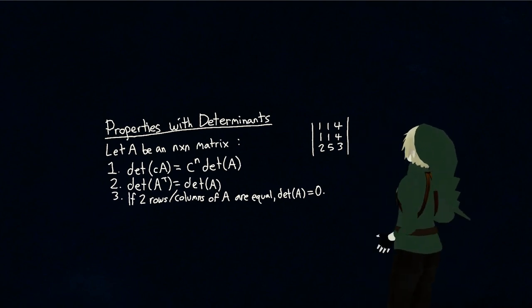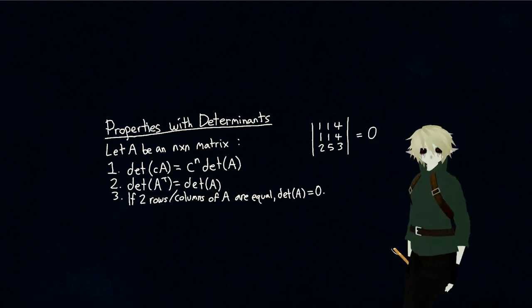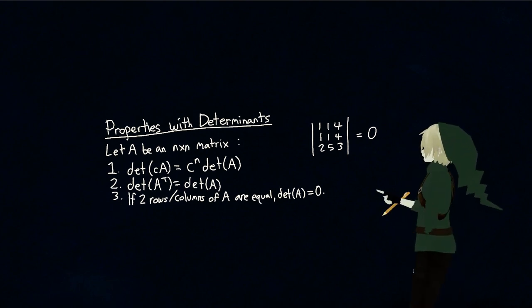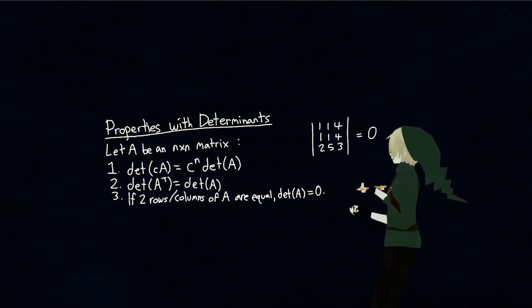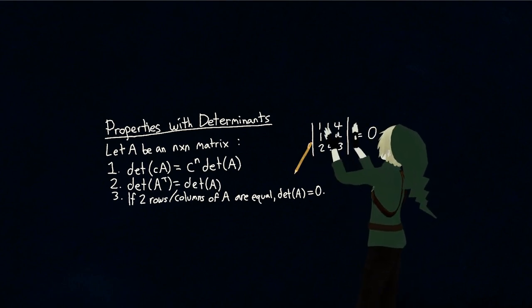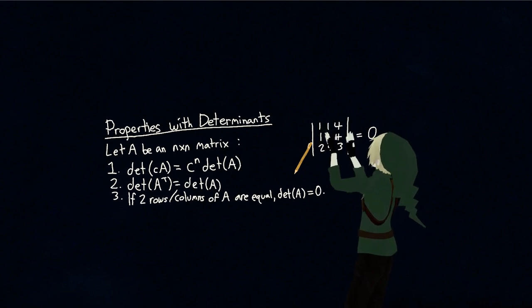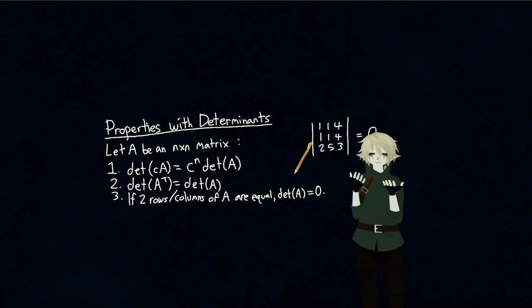The determinant of this matrix is equal to 0. Okay, that's it. Simple, right? It's equal to 0 because we have two rows that are the same. And the reason is, think of it like this: we have a 3 by 3 matrix, and then you compute the RREF. If you compute the RREF of this, then you're going to end up with a free variable.